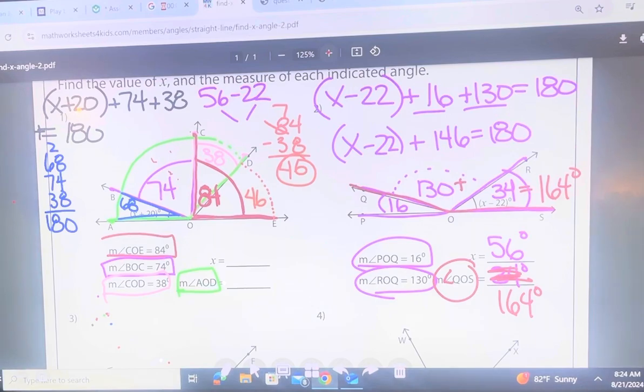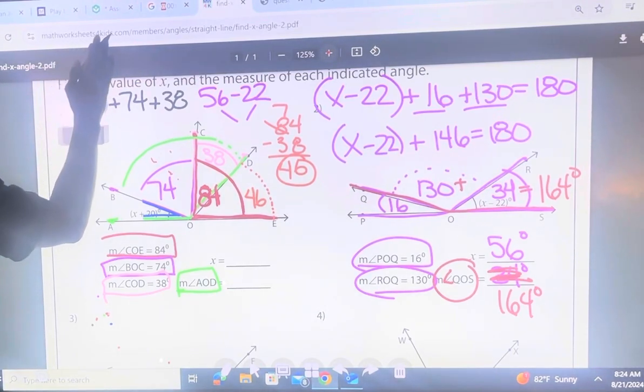Okay. So now to restart this here, this one's here, this is wrong. And this is wrong.